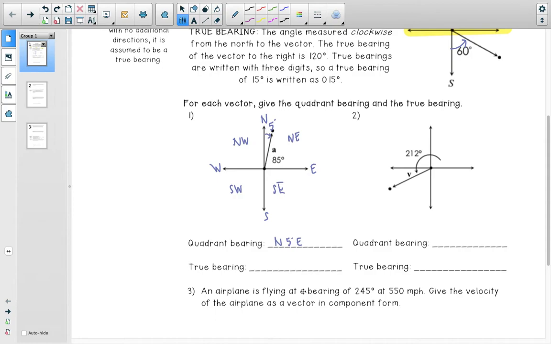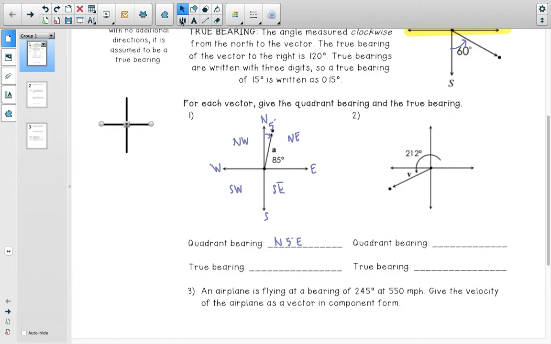So the question is, what's the true bearing? Let's read the true bearing again. It's the angle measured clockwise from the north to the vector. True bearing is like this.